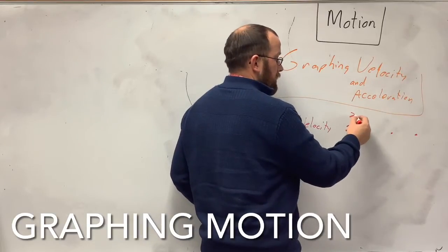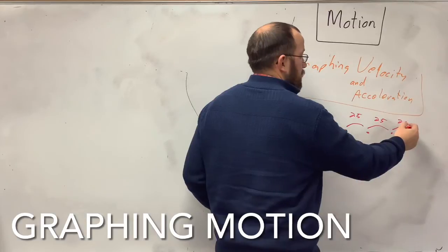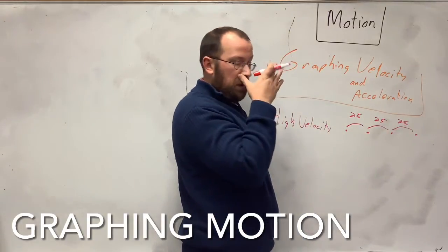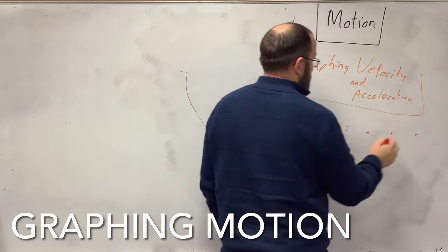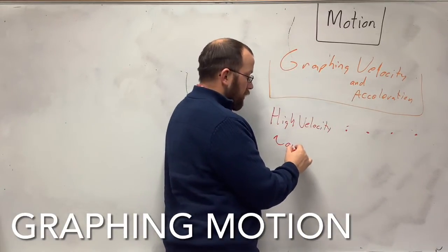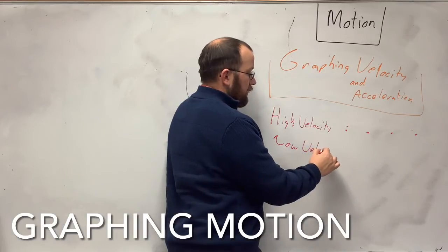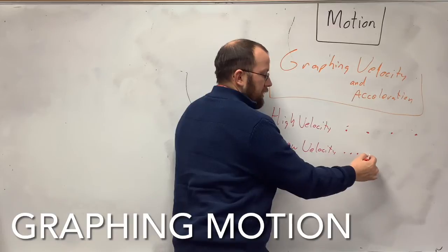So the difference between these would be 25, 25, 25 miles per hour, if you want to think of it that way. So that's high velocity. Low velocity means you're going slower, so the dots will be closer, but still constant.